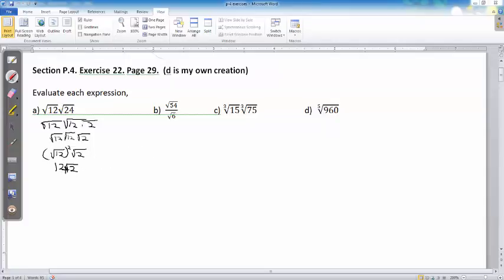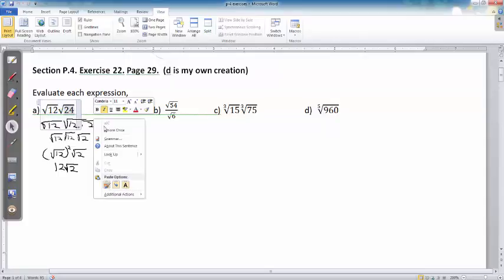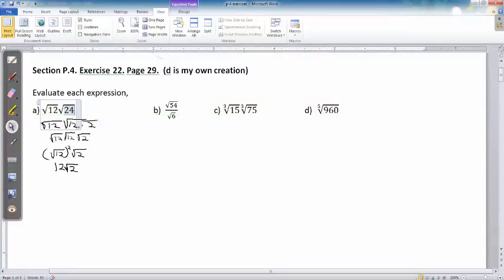Can't really simplify the 2 at all because it won't break down. It's not factorable. So, that's what we will write for our final answer on this part.